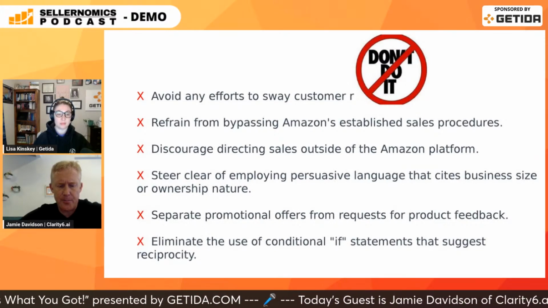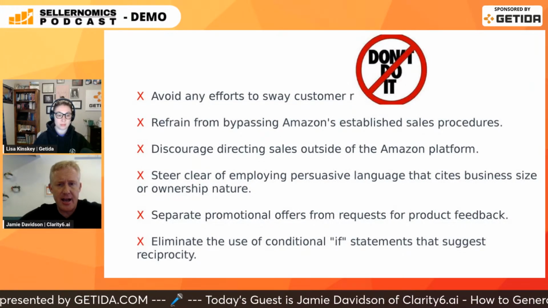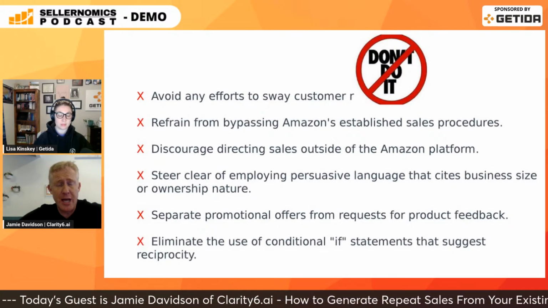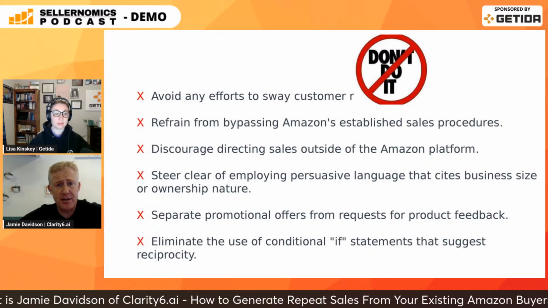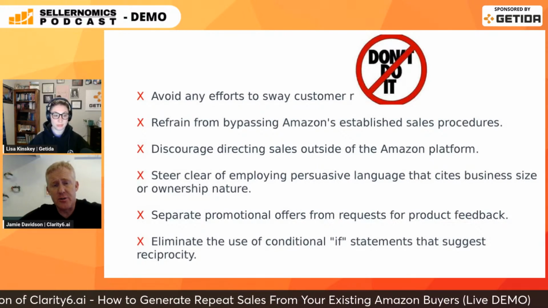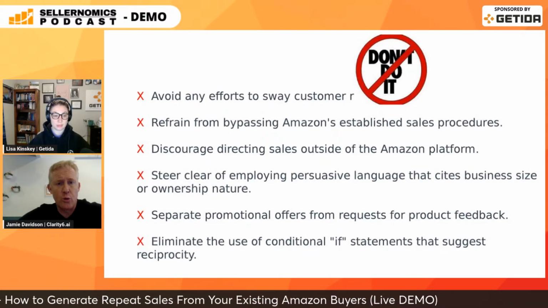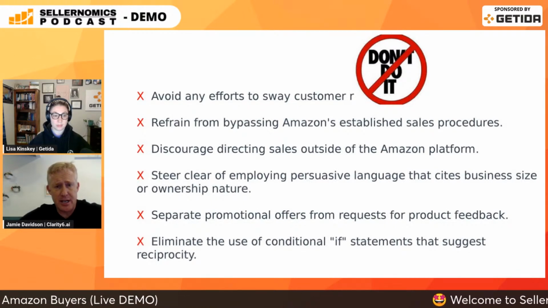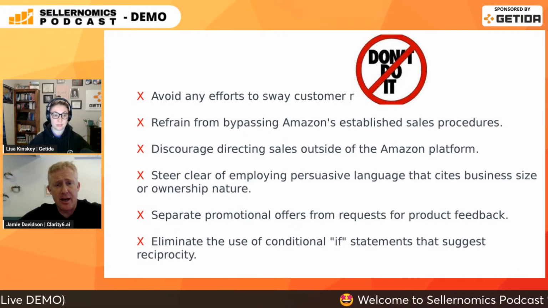So I'll tell you up front, Clarity6.ai is a tool to help automate your ability to capture customer information, your Amazon customer information, and also the ability to communicate directly with your customers or potential future customers via social media, email, text messaging, and sales funnels and website as well.